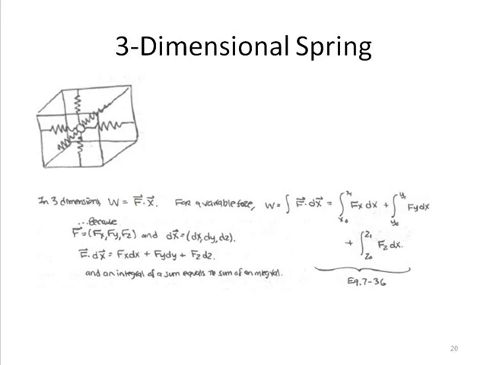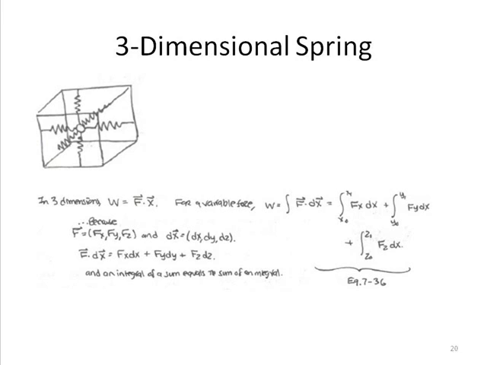But the integral of a sum can be split into terms, so we really have 3 integrals. For instance, the work in the x direction is the integral of Fx dx from x0 to some future displacement x1.